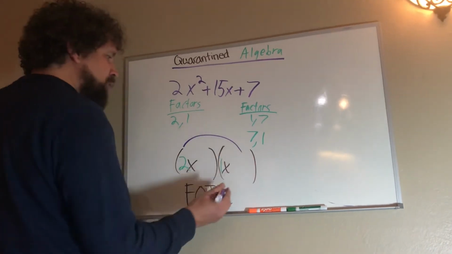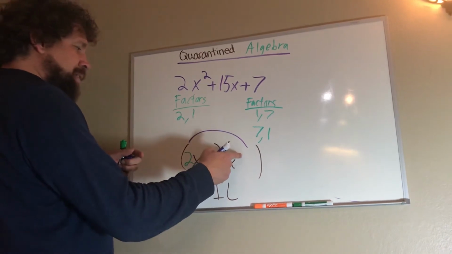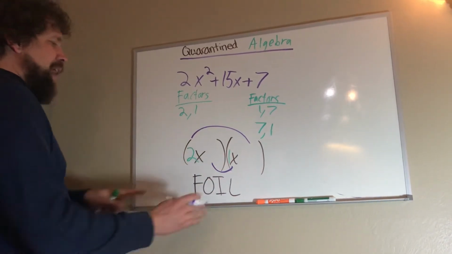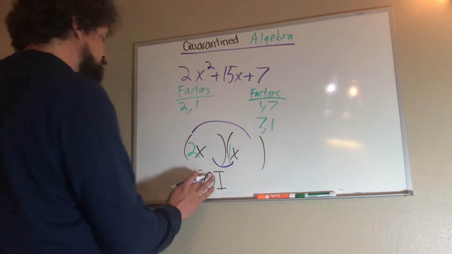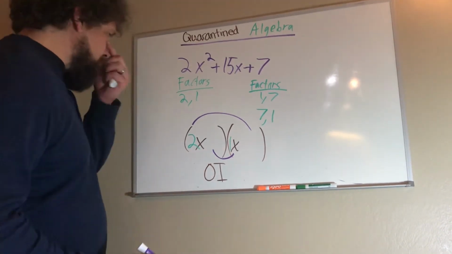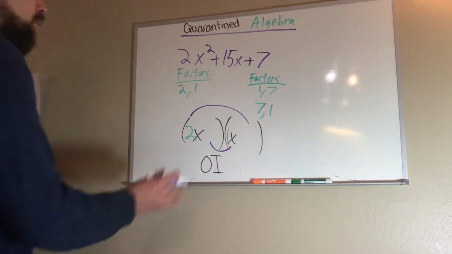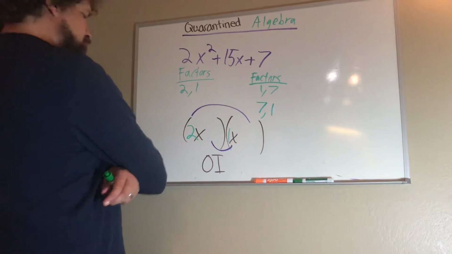Okay? The outer and the inner. The outer multiplies, the inner multiplies, but then they add to equal positive 15. That's what we're hoping to get. And of course, for some people, this is going to click in a lot easier. For some people, it's going to take a little bit more practice. So let's just try some things right here.